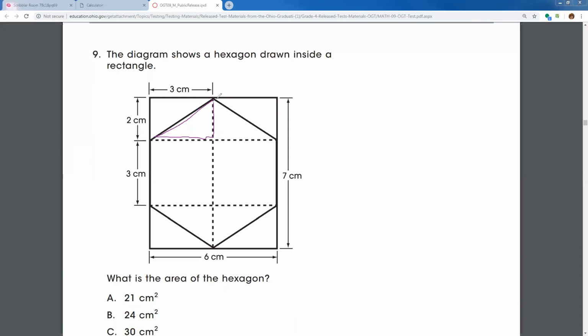But you're going to find each individual shape's area, and once you have those, you add them together. And the way this is drawn, all the triangle shapes would be the same, so we really only need to find one triangle and use it 4 times, and one square and use it 4 times.